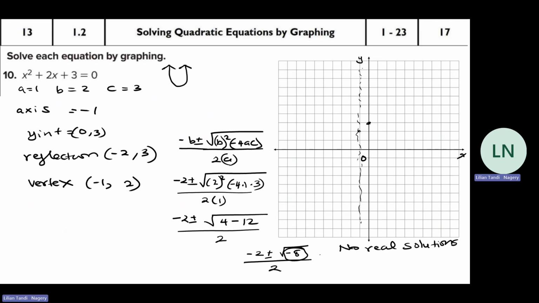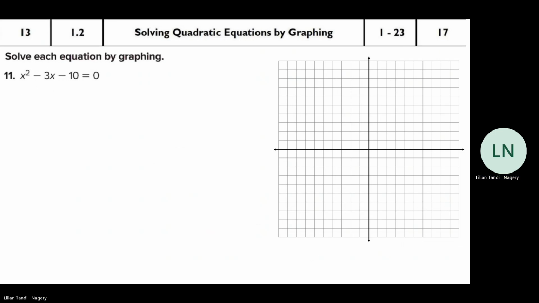Somewhere here. My reflection is somewhere here. My graph is something like this. Okay? There you go. So this is the graph I will choose. And make sure it's not touching the x-axis.